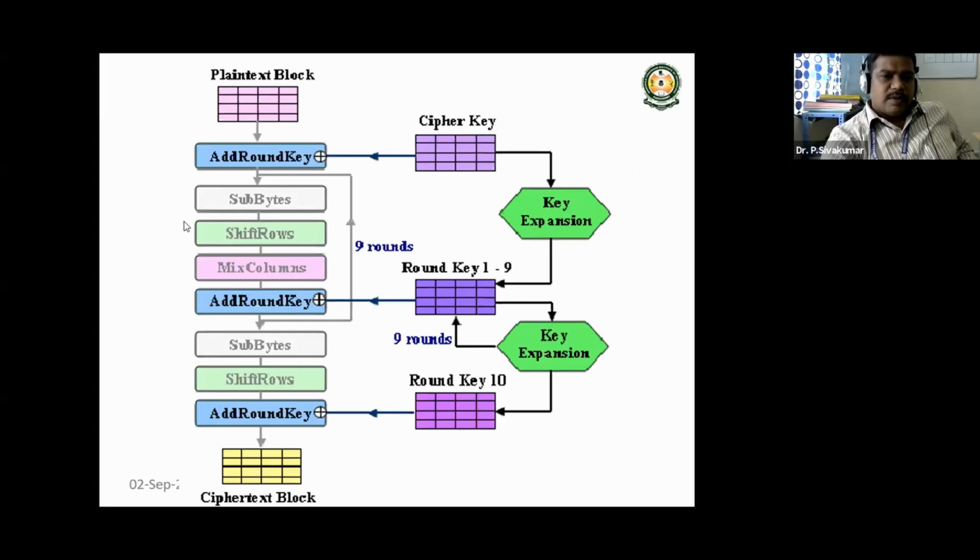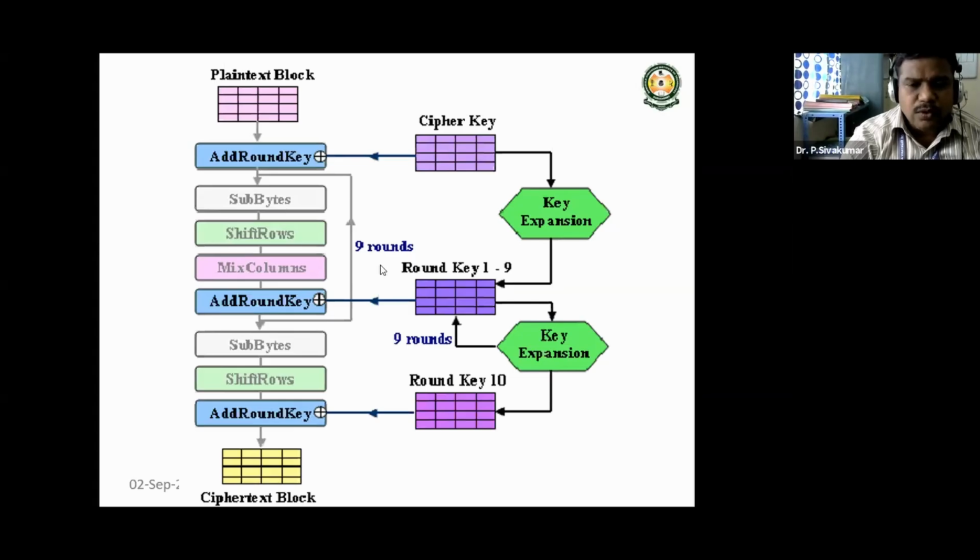This is what we took as the first round operation, as per the diagram. After substitute byte, shift row, mixed column and add round key are completed, we get one 4 by 4 output matrix. It's not a permanent output, it is a temporary, intermediate output, and it will be given to the next round.